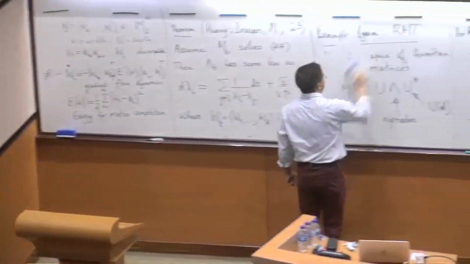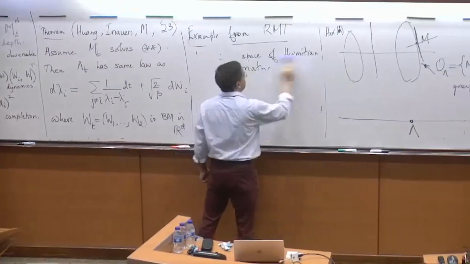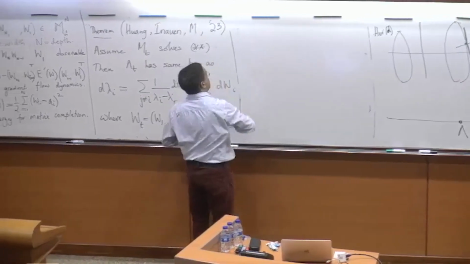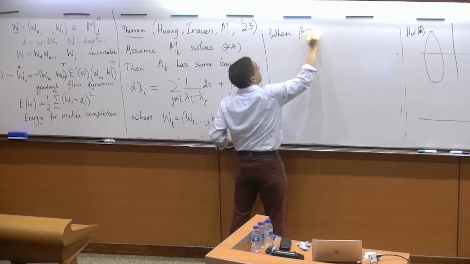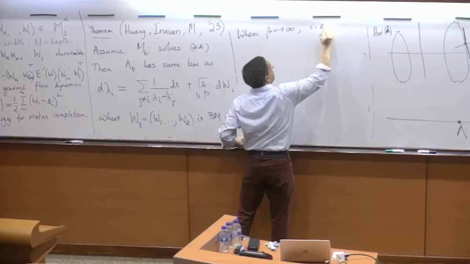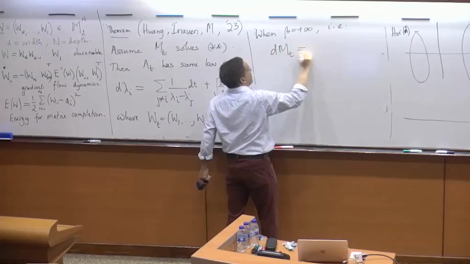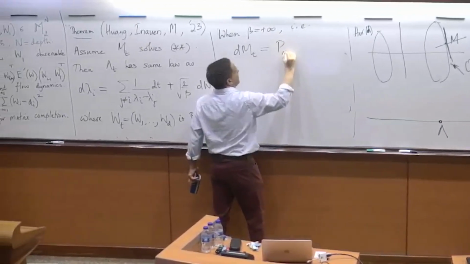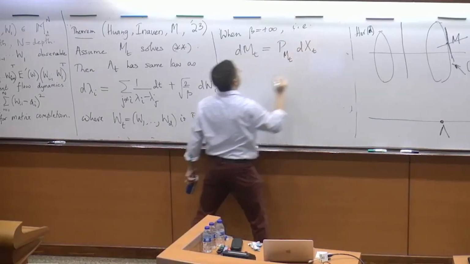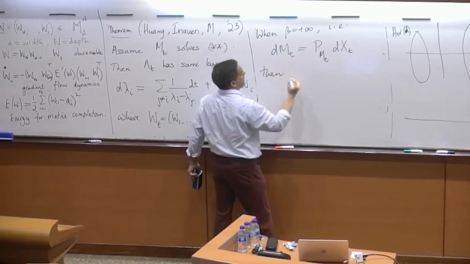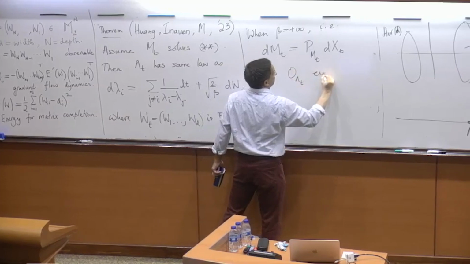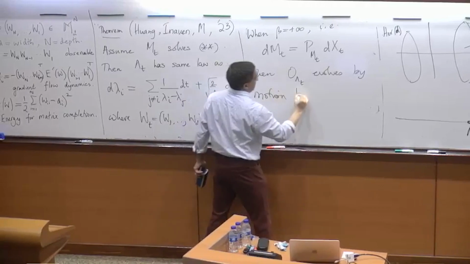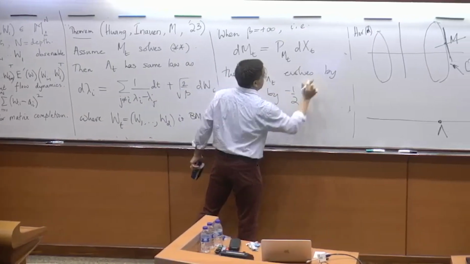And in the particular case, here's the corollary: when beta is equal to infinity, i.e. dM_t, so I'm solving an SDE, going strictly tangentially as I was earlier, then the orbit O lambda_t evolves by motion by minus 1/2 curvature.